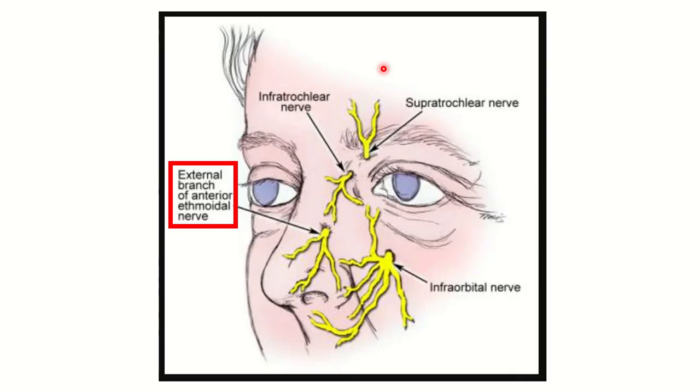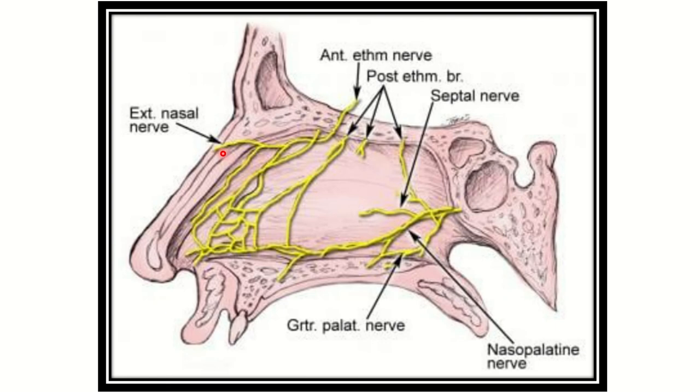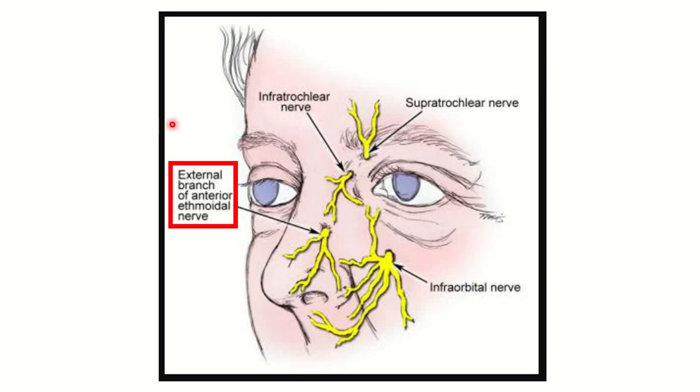In the second picture, this is the external branch of the anterior ethmoidal nerve, which crosses the nasal wall, and this is the skin; it is a branch of the anterior ethmoidal nerve. Other nerves such as the infratrochlear or supratrochlear nerve usually do not reach up to here, and the infraorbital nerve supplies the lower part.